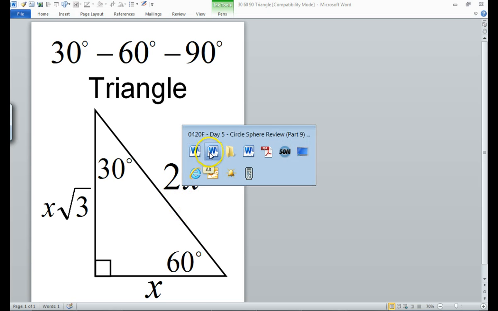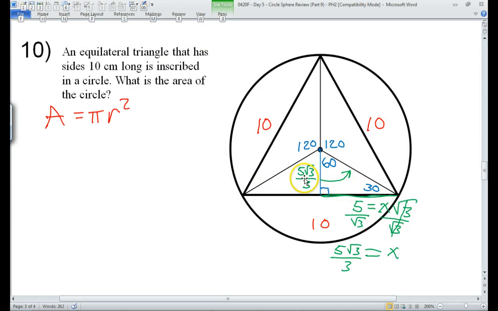So if I double 5 radical 3, it's basically going to be like doubling the 5. So the hypotenuse, which is the radius, is going to be 10 radical 3 over 3. Okay, now that is very important. We have just found the radius by doubling the short leg.